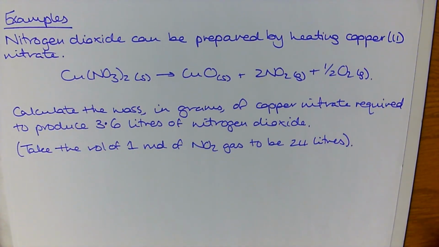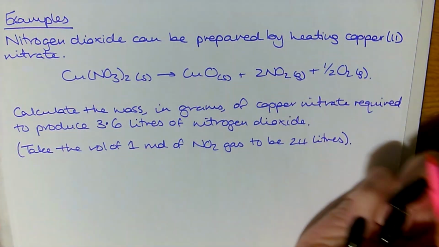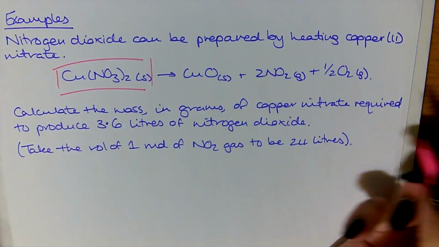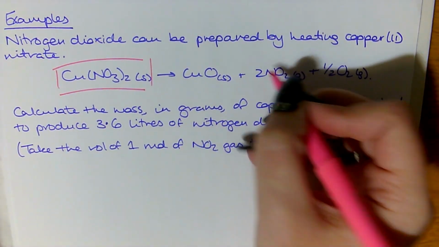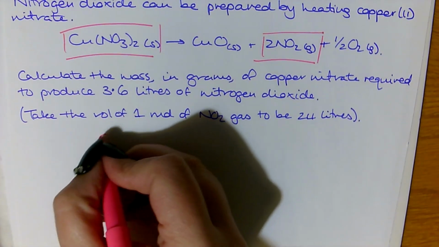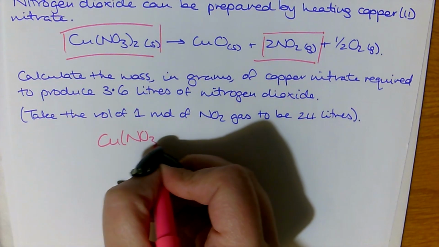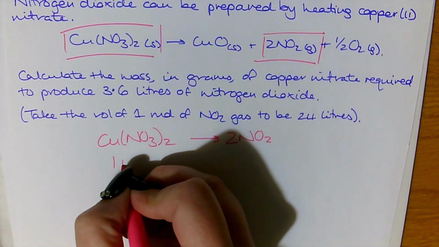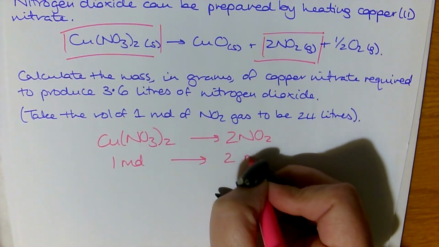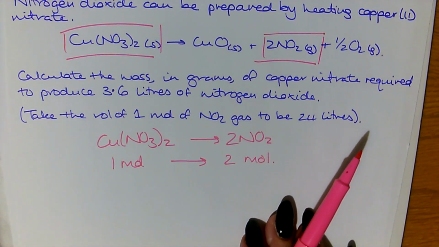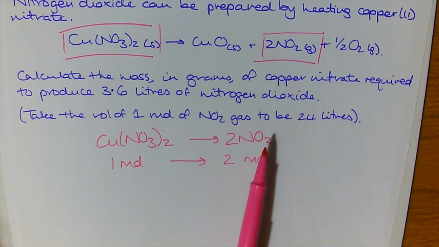So first things first, let's identify what we're looking at again. We are calculating the mass of copper nitrate that produces 3.6 litres of nitrogen dioxide. So these two we're interested in, and let's just rewrite this down here. This time we have a 1 mole to 2 mole ratio. And we are given information about our nitrogen dioxide gas.